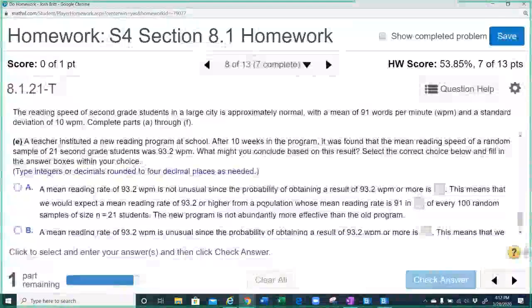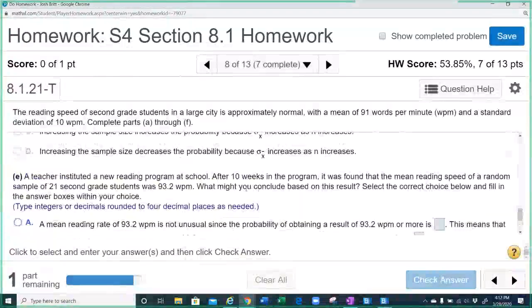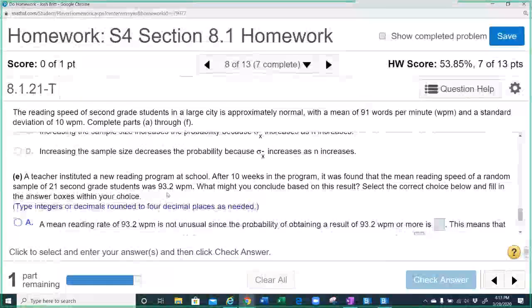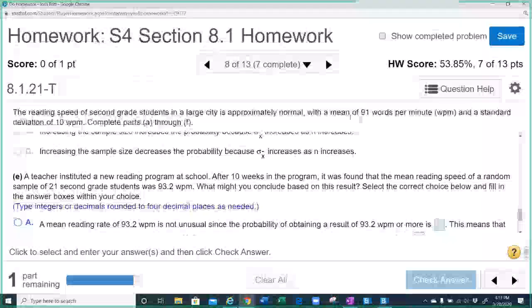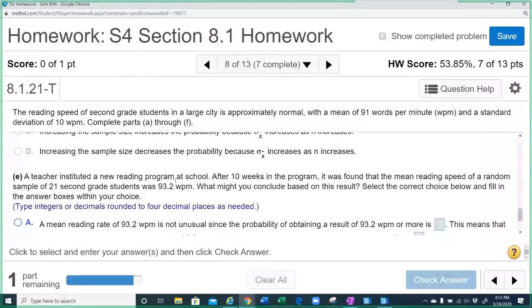All right, so now a teacher instituted a new reading program at the school, and after 10 weeks it was found the mean reading speed of a random sample of 21 second graders was 93.2. What might you conclude based on this result? Select the choice below. What we want to do here is assume that the mean is unchanged. So assume it's still 91, and then look at how likely it is to get 93.2 or more under the assumption that the true mean is still 91.